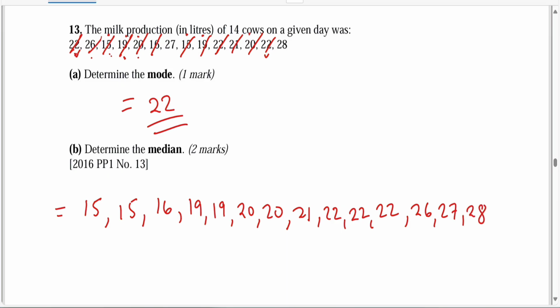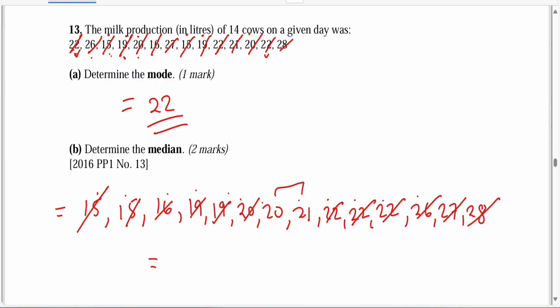Count to check that there are 14 numbers: 1, 2, 3, up to 14. Then you cancel out from both ends, one number at a time, until we remain with 2 numbers in the middle.